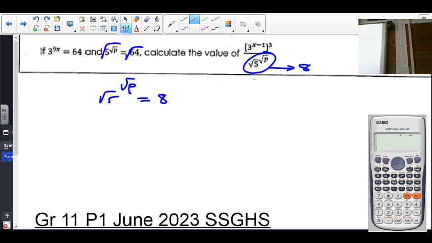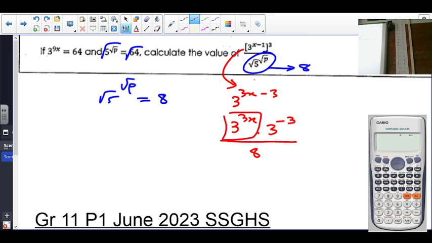We need to get 3 to the x. So the numerator can be written as 3 to the 3x minus 3. That's when I multiply the exponents out, which is 3 to the 3x times 3 to the minus 3, and that is all over 8. So I need to know what 3 to the 3x is.